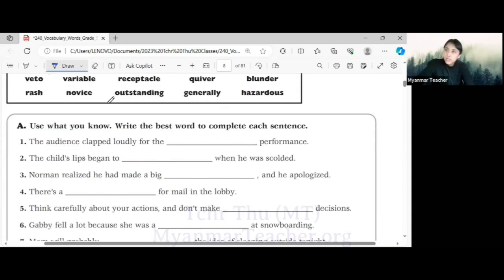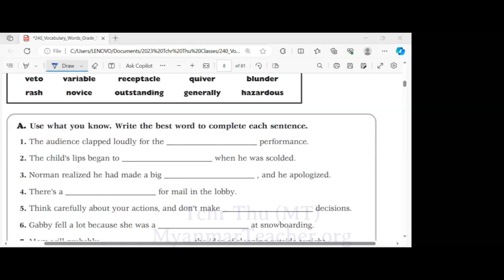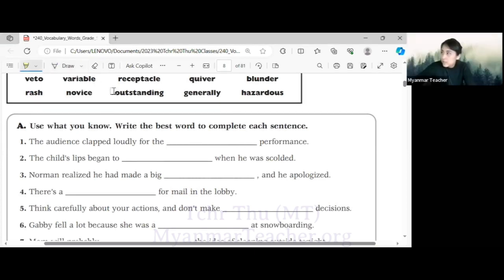Use what you know, write the best word to complete each sentence. The audience clapped loudly for the blank performance. The outstanding performance. Yes, well done.